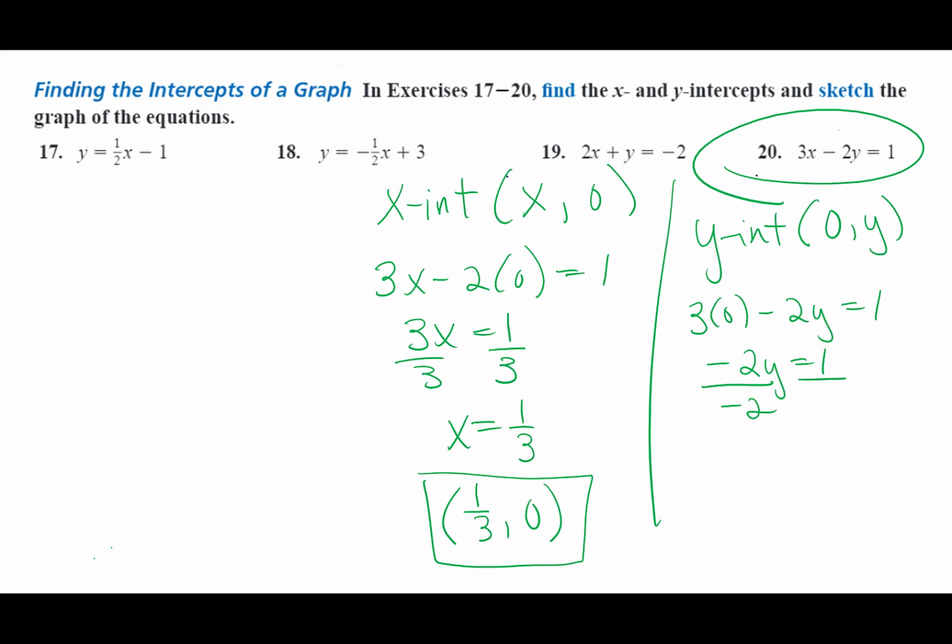Divide both sides by -2, and y equals, you can bring that negative out front, y equals -1/2. Again, your answer has to be in the format of an ordered pair, so your final answer is 0, -1/2.